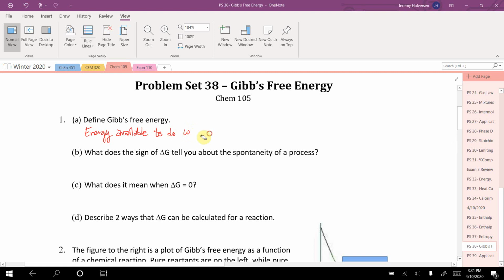Just like in my gift card analogy, it's the money available to buy stuff, to actually do something with. Gibbs free energy is the energy that you can actually do stuff with. What does the sign of delta G tell you about spontaneity? Negative delta G is spontaneous. In other words, that process goes from high energy to low energy.